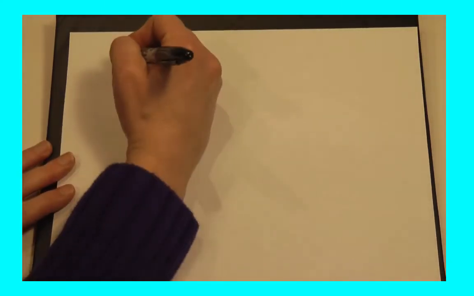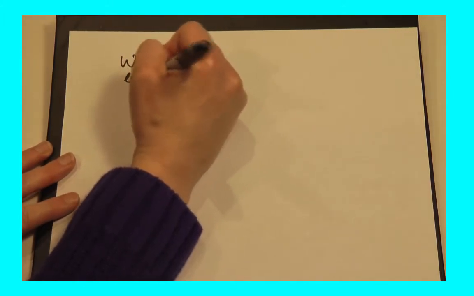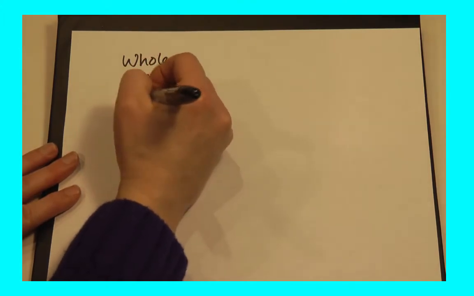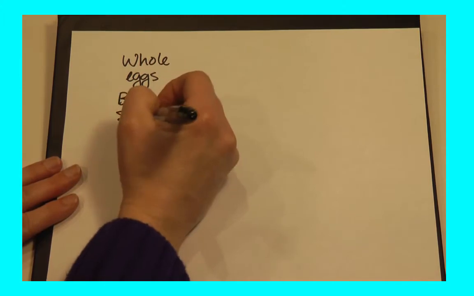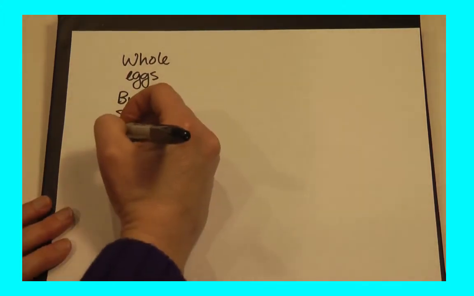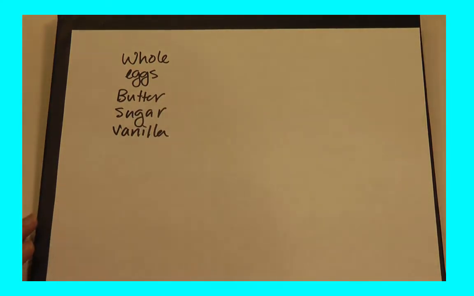So when we're making cookies, we take ingredients, things like maybe eggs, I may need butter and sugar, and maybe I'm taking some flavoring. I'll choose vanilla.